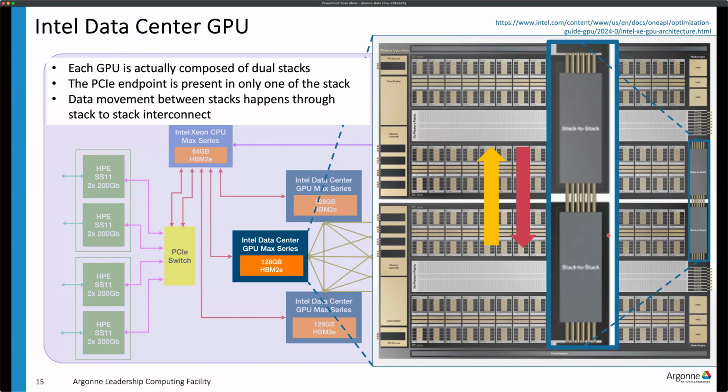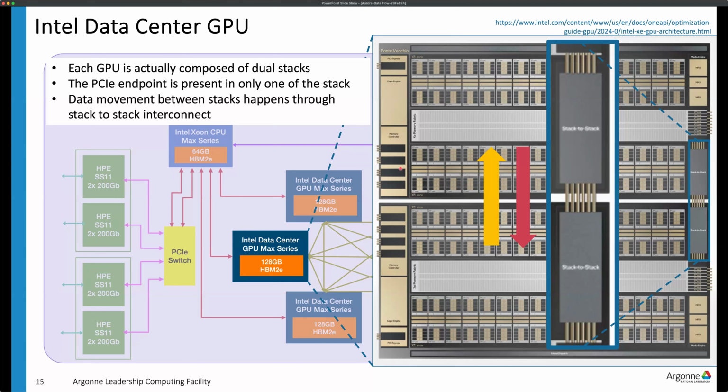The application or the user doesn't need to do anything special for this to happen, but it implies that there is going to be a NUMA kind of behavior that you will see when you target independent stacks, which is both the stacks together. That's why I said when you have a throughput-based application, if you target both the stacks, you shouldn't have much of a problem. But if you're sensitive to memory latencies, then you need to account for this to utilize it better.